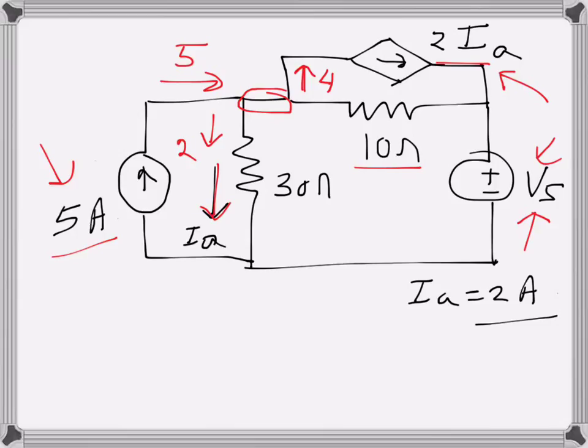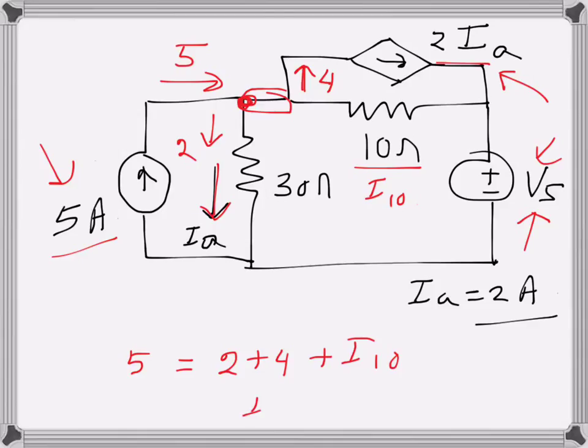So if we write KCL at this point, we can call this I10. So 5 ampere is entering at this node, and then leaving currents are 2 plus 4, and let's say 10 ampere is also leaving. I10, sorry, the current through the 10 ohms resistance is leaving.